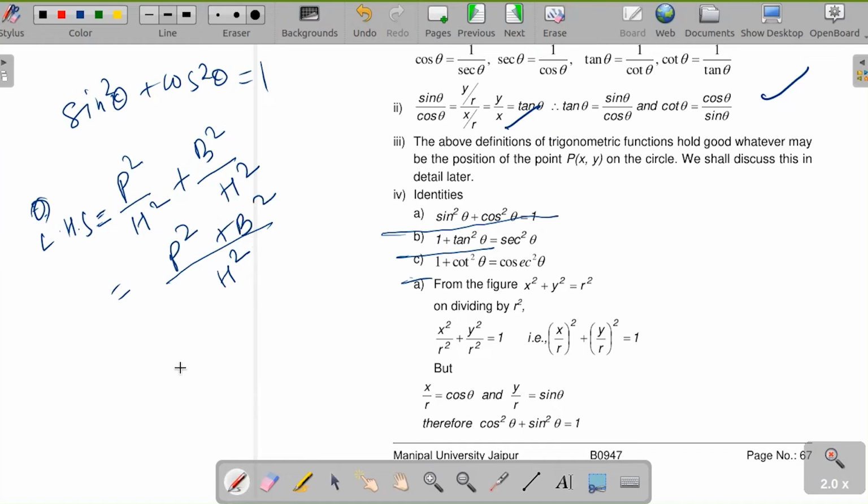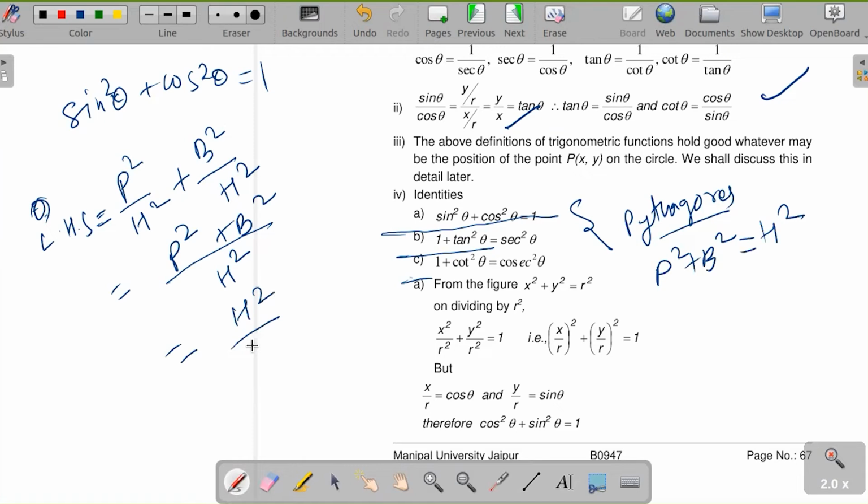But from the Pythagorean theorem, perpendicular square plus base square is always hypotenuse square, right? So this will be h square divided by h square, and that will be 1. So sine square theta plus cos square theta is equal to 1, because RHS is equal to 1. Does anyone want to prove B and C also? Then I will prove them, otherwise I will skip.